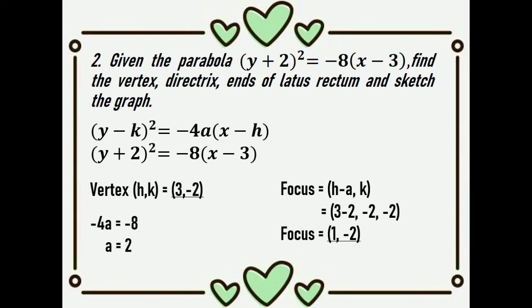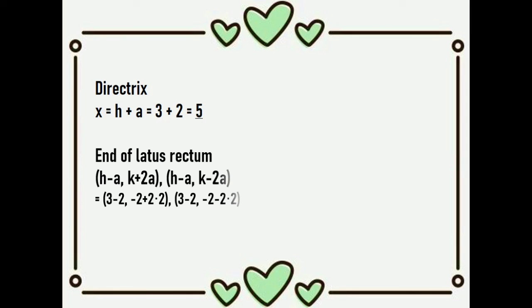Negative 4a equals -8, so a equals 2. Next is the focus. The ordered pair is (h minus a, k), so our focus is (1, -2). Next is the directrix. x equals h plus a equals 3 plus 2, so x equals 5.